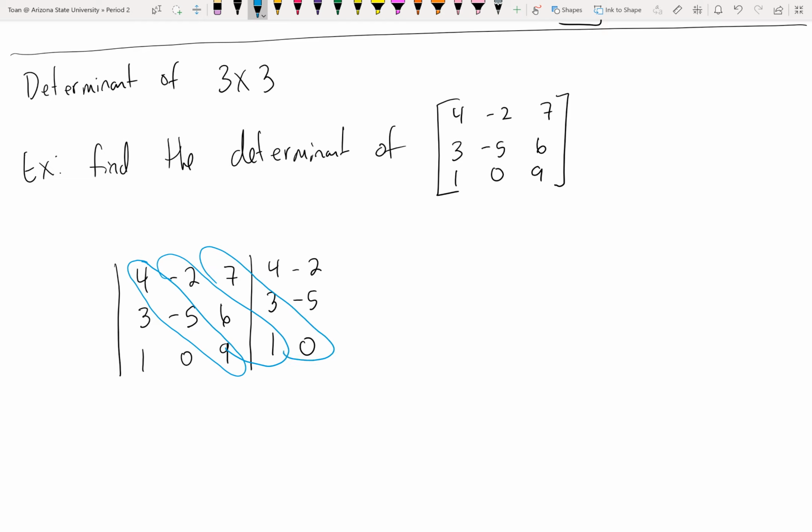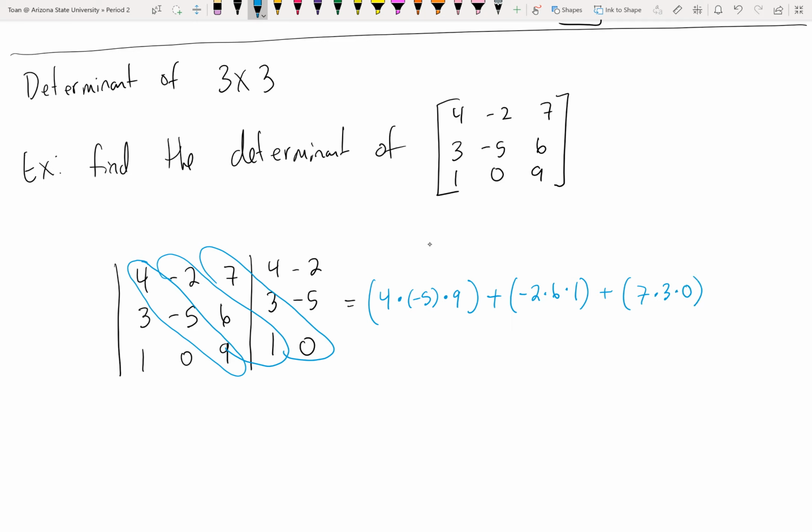Every diagonal you multiply, but since they're all blue diagonals, we're going to add the answers together. So the first diagonal, 4 times -5 times 9, plus the second diagonal, -2 times 6 times 1, plus the third diagonal, 7 times 3 times 0.